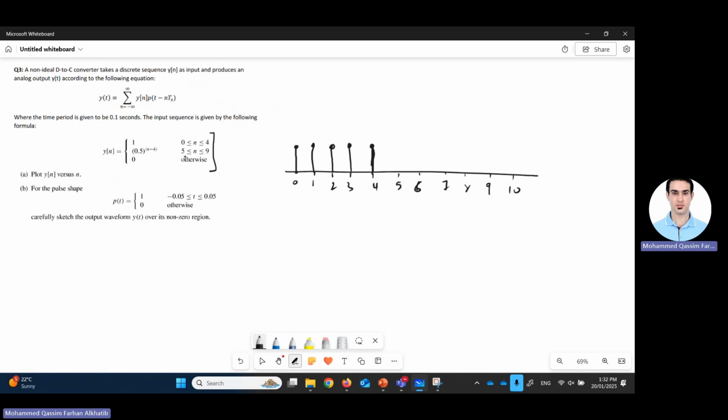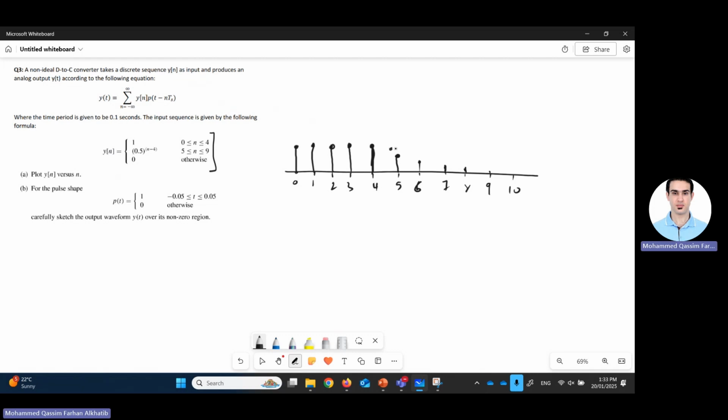Then at the fifth sample, 0.5 to the power 5 minus 4, that's to the power 1. So that's 0.5. Then at 6, only the power changes, so 0.5 to the power 2, that's 0.25. And it's going to keep decaying, and it will stop here.